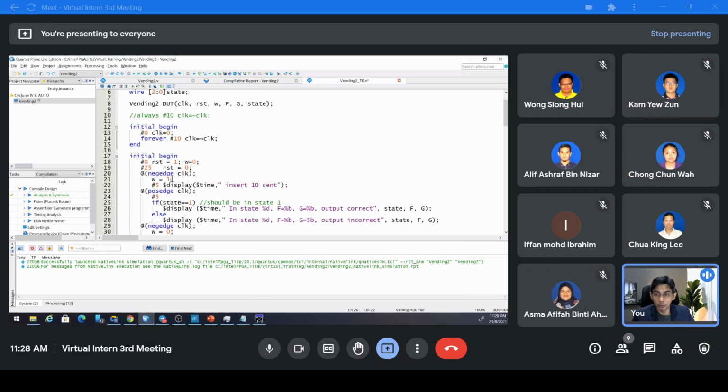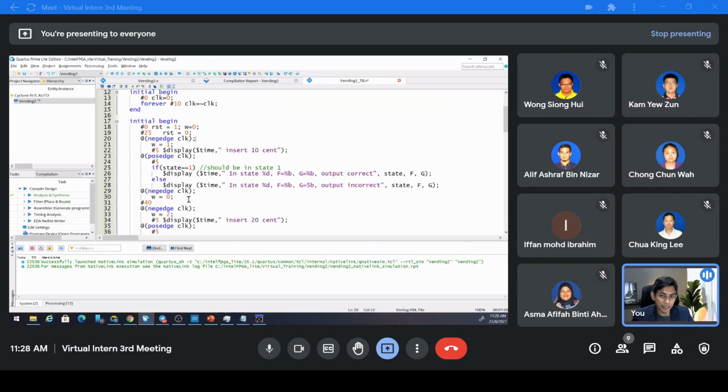That is the objective. So in this case, this is my testbench design. In your case, maybe you want to do it a different way. It's actually up to you. There is no single correct way. I cannot say that mine is more correct than yours. As long as your testbench shows that your design is correct, then this is okay. So this is my testbench design.